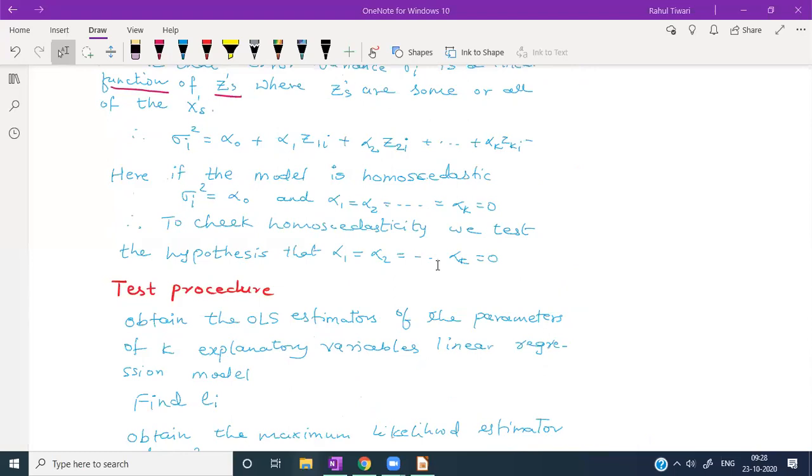So that's why we create sigma i square as a function which explains whether the variance exists or not. For that purpose we create one linear function and check whether it is homo or hetero. Yes, any other question?